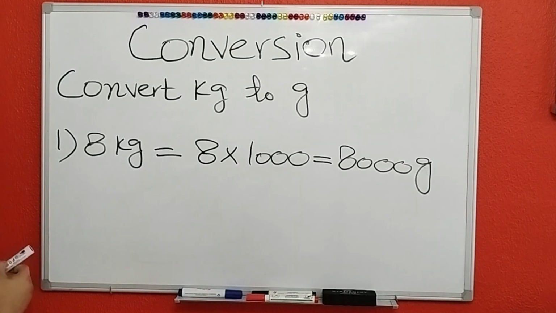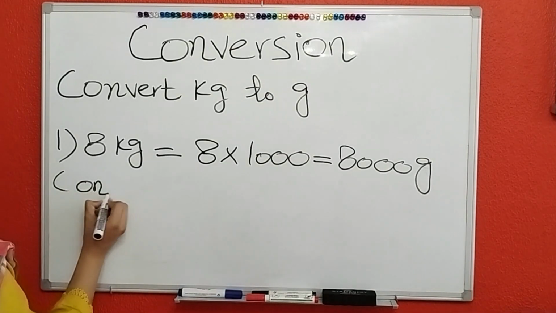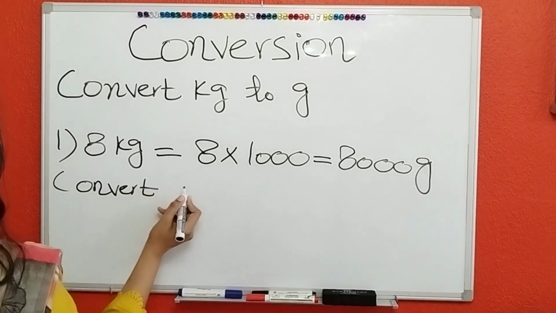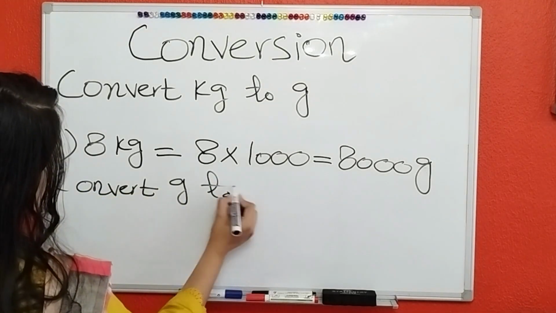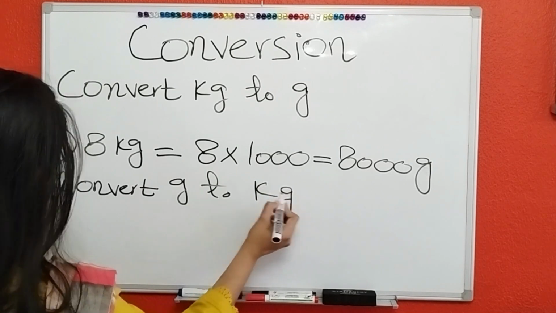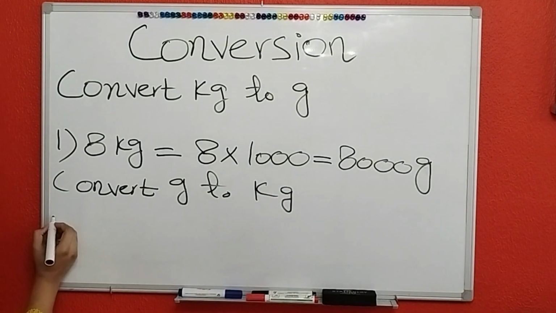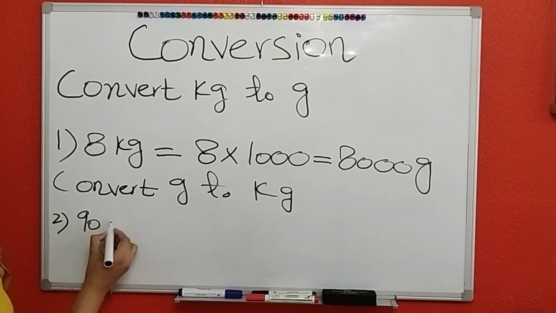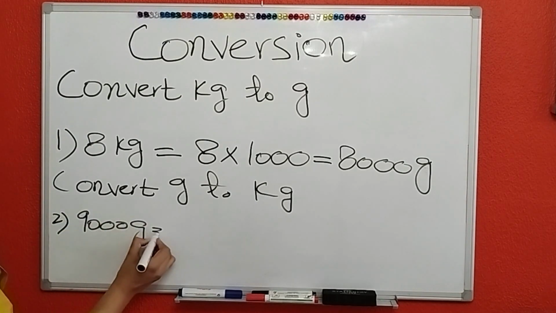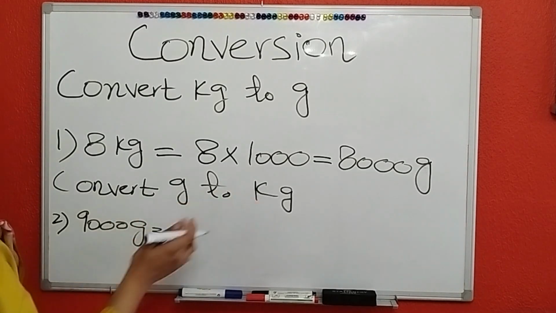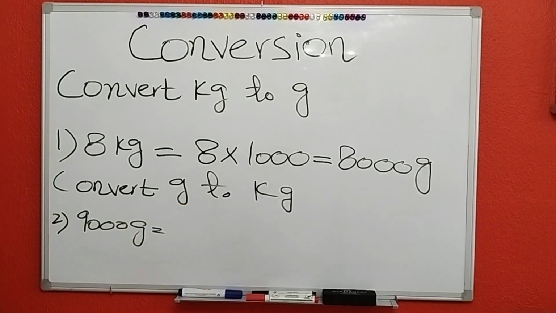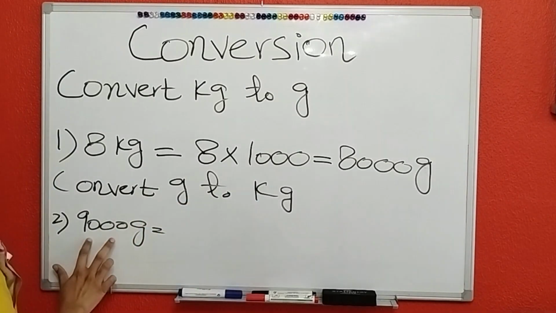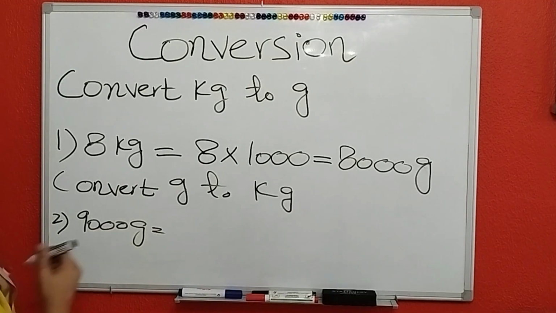Now I'm converting gram to kilogram. For this I have the value which is 9000 gram. To convert gram into kilogram, or g into kg, I'm just dividing this value by 1000.